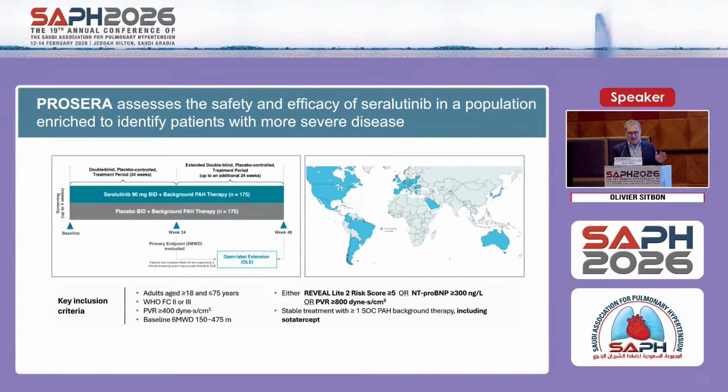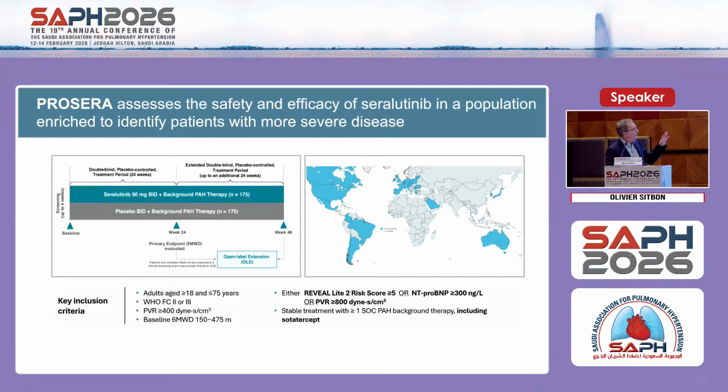So just to remind you what the ProSERA study was, it was a phase 3 study of inhaled seralutinib in patients with PAH. And interestingly, in that study, there was an enrichment strategy to select the more severe population, because we observed in the phase 2 that the more severe patients seemed to respond better than the others.